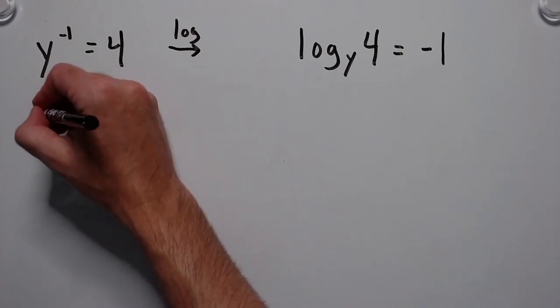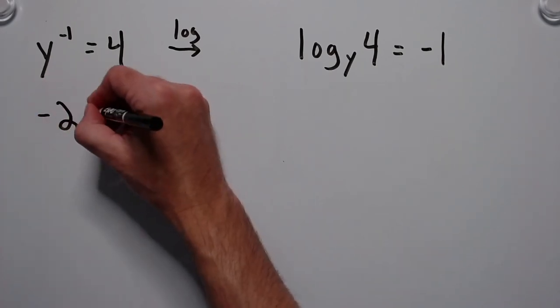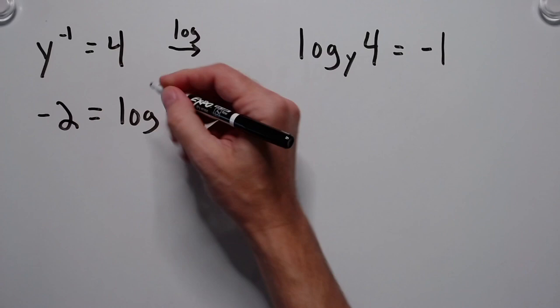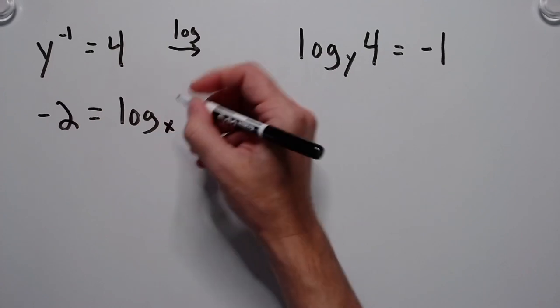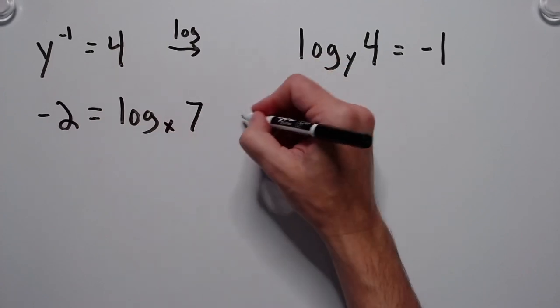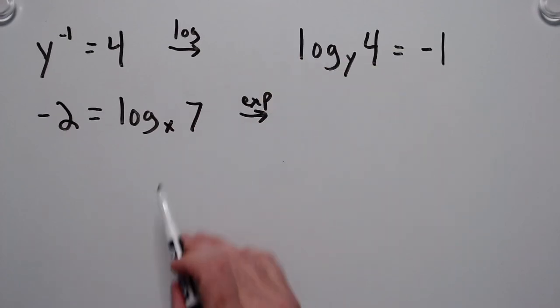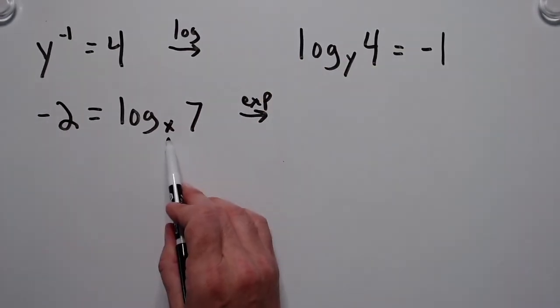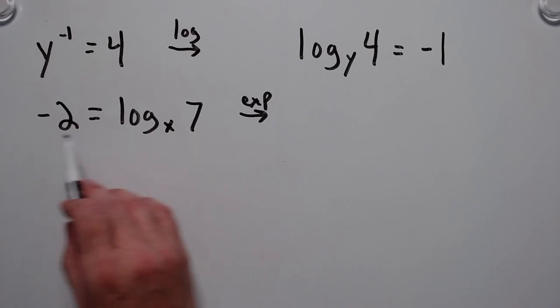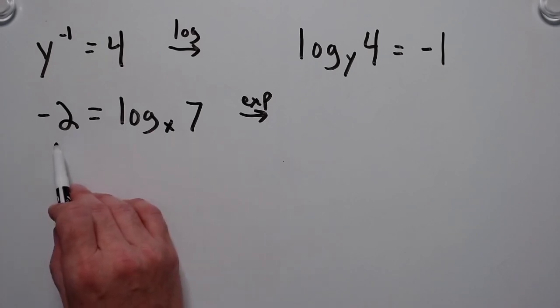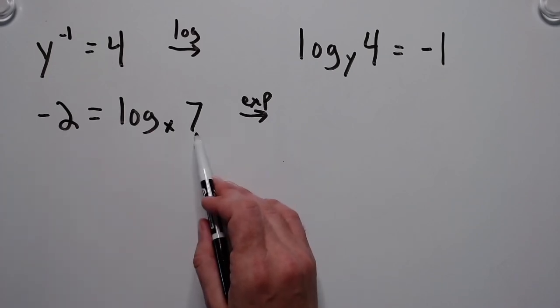Likewise, we could write something like -2 equals log base x of 7, and I want to convert this to an exponential equation. This is our base, so we know that this is going to be the base. The result becomes the exponent, and this becomes the resultant.